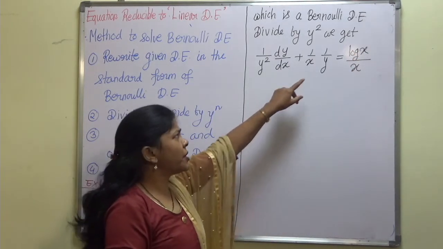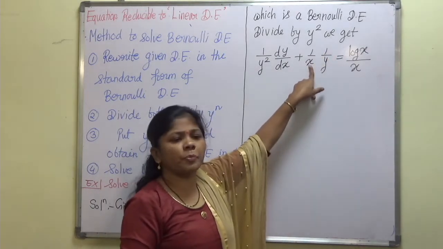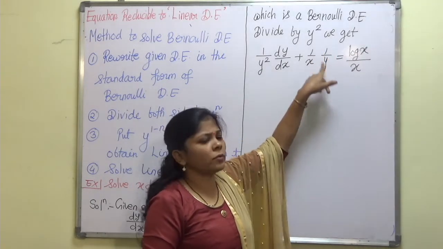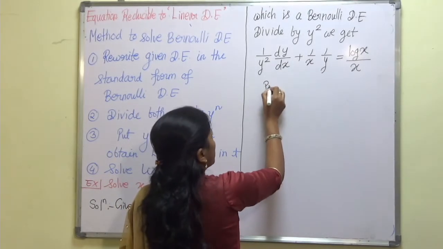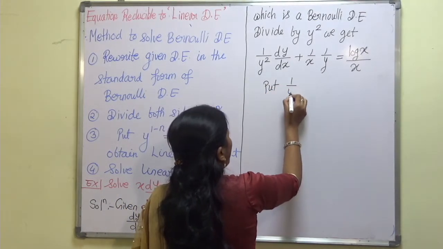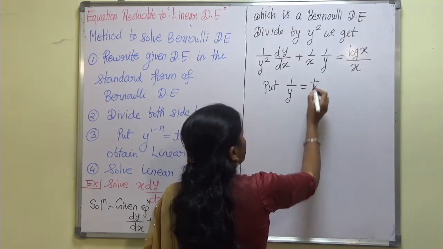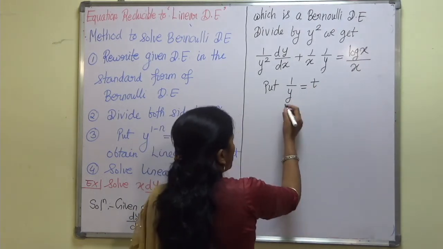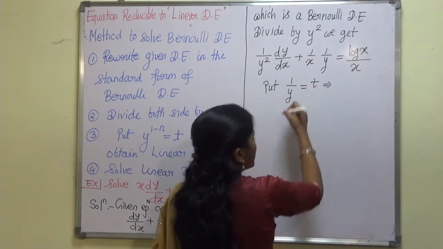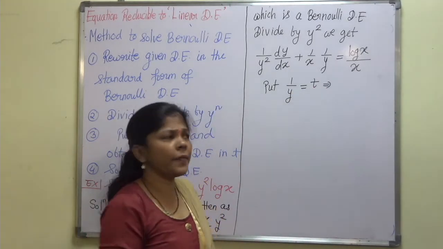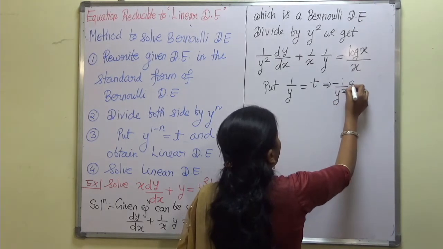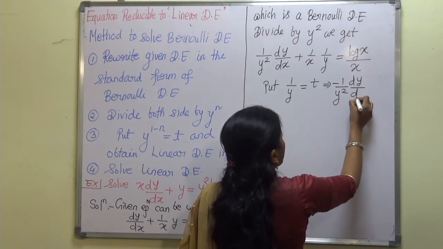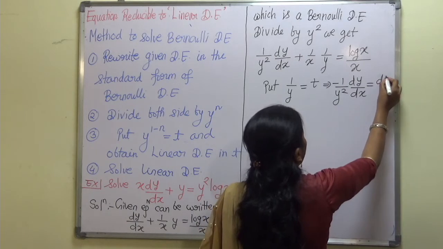After division, the second term along with p is this. Whatever is there, we will take as the substitution. So put 1 by y is equal to t. Differentiating this, the differential of 1 by y is minus 1 by y square into dy by dx, is equal to dt by dx.